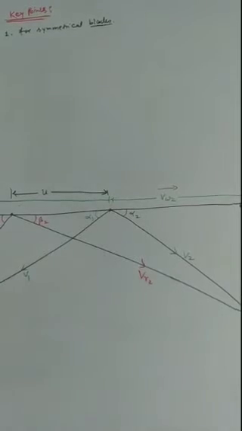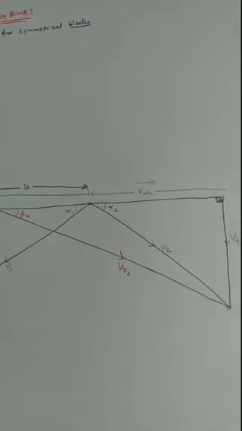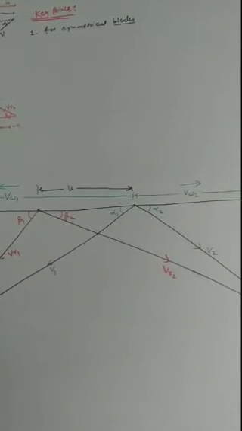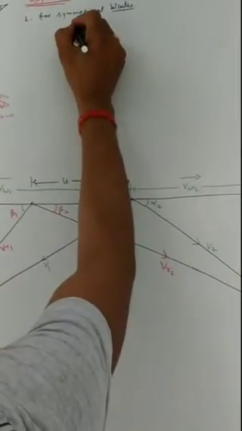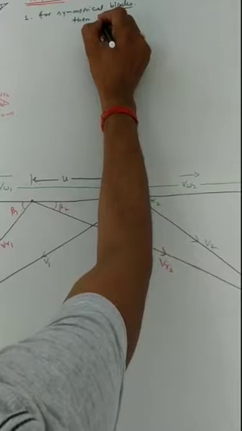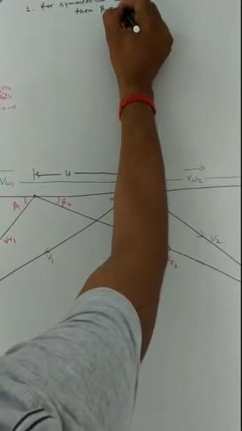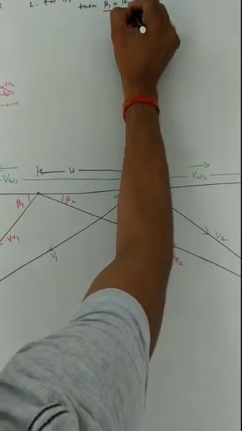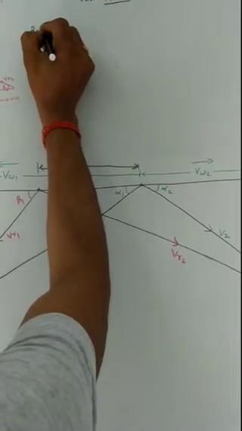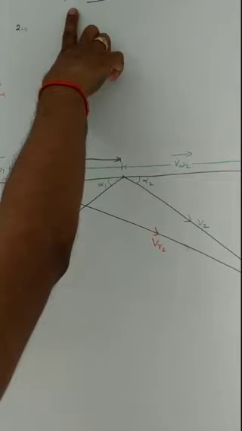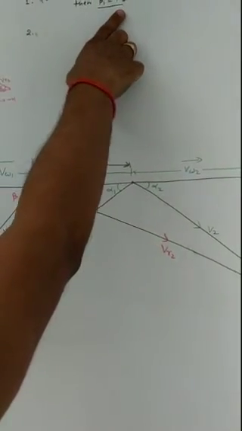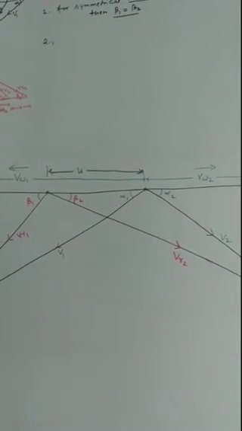If the moving blades are symmetrical, then the blade angle beta 1 is equal to beta 2. For symmetrical blades, the inlet blade angle must be equal to the exit blade angle.